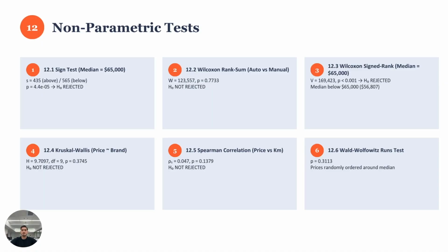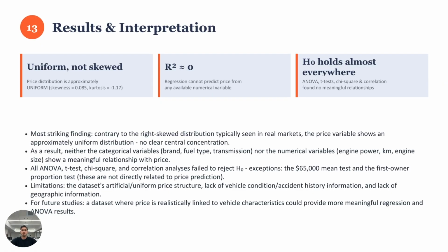Now let's summarize our results. Finally, the key finding is that unlike the right-skewed prices we had expected in real markets, our price variable is almost uniformly distributed.